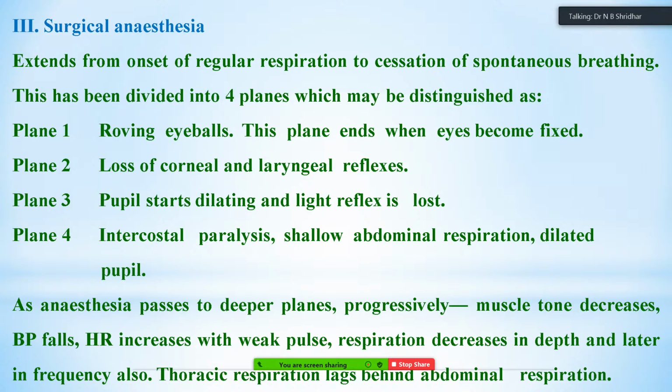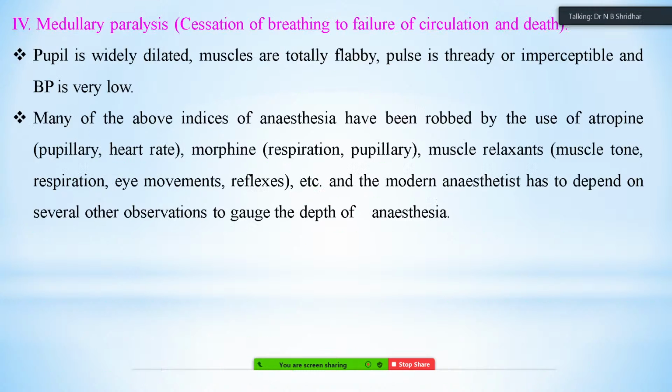As anesthesia passes to deeper planes progressively, muscular tone decreases, blood pressure falls, and heart rate increases with a weak pulse, and respiration decreases in depth and later becomes frequent, and thoracic respiration lags behind the abdominal respiration. Usually the thoracic respiration lags, and the abdominal respiration takes the upper part.